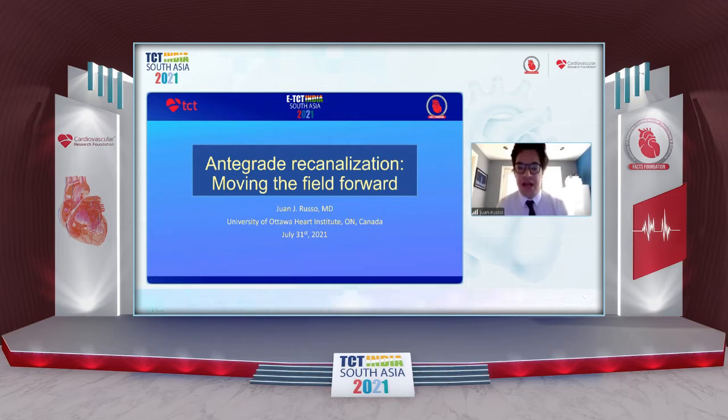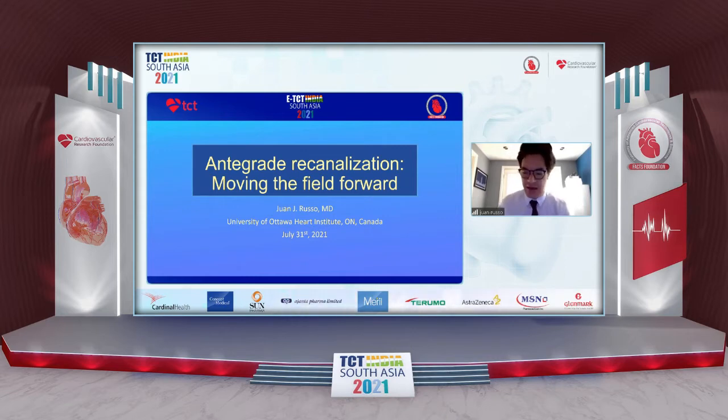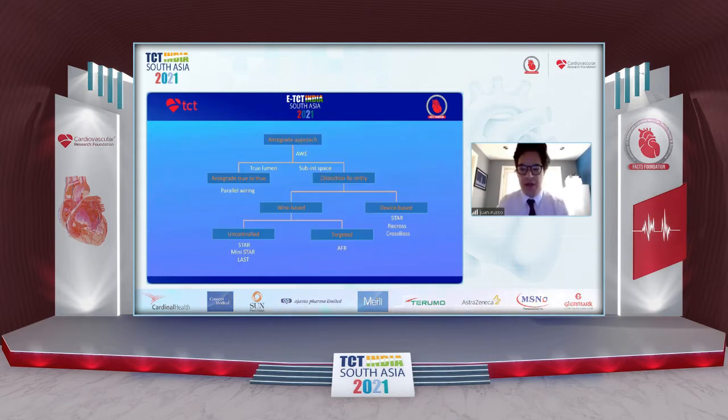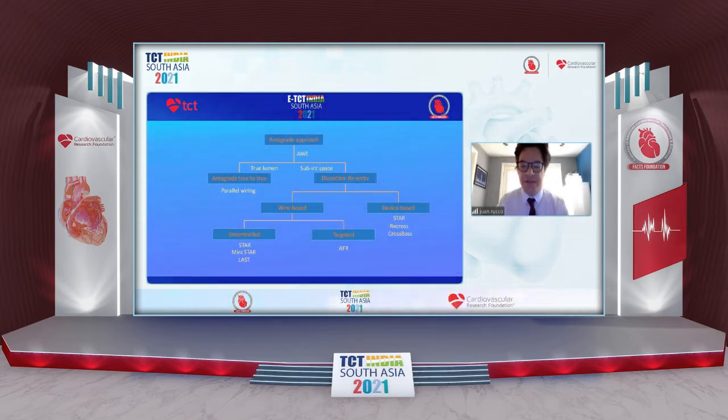I'm going to present on antegrade strategies and how the field has advanced over the last couple of years. So this diagram basically highlights some of the different strategies that we can use in order to address CTO PCI through an antegrade strategy.